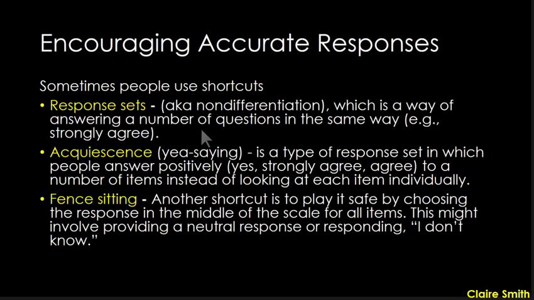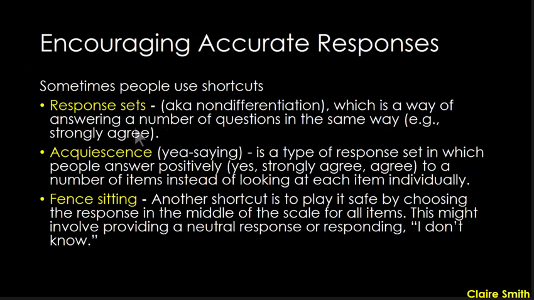So if it's a Likert scale, they answer strongly agree to everything because they just don't feel like reading through. There's a specific type of response set called acquiescence, or yea-saying. They are answering the same way every time, but positively, so yes, strongly agree or agree to all the items instead of looking at each item individually.